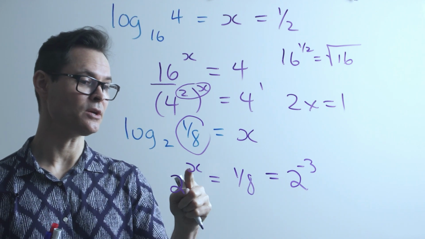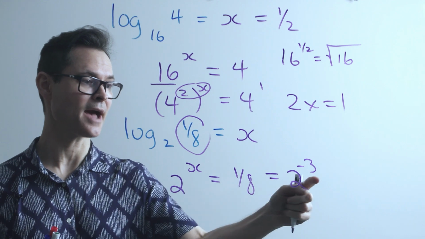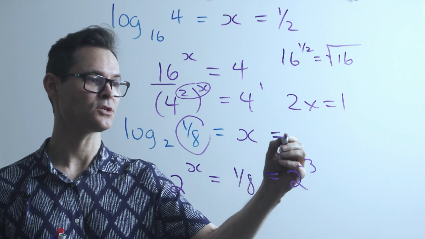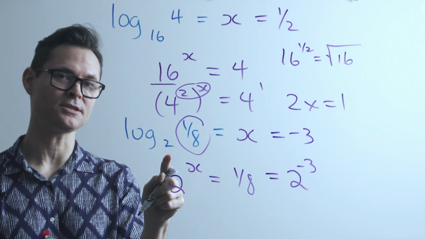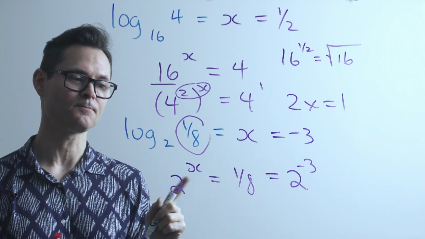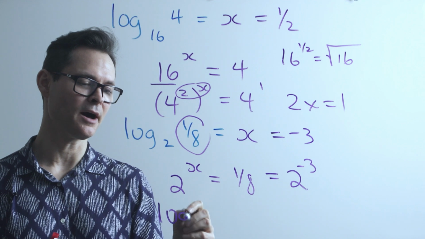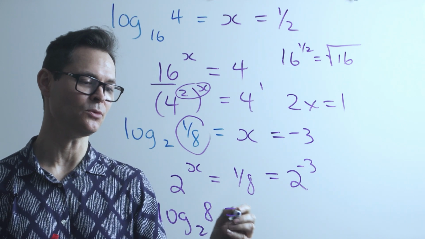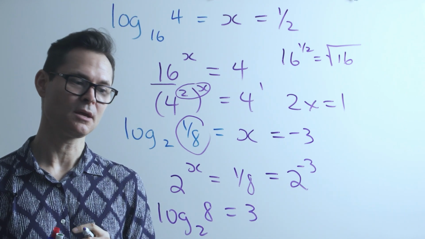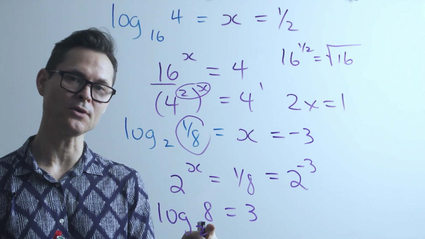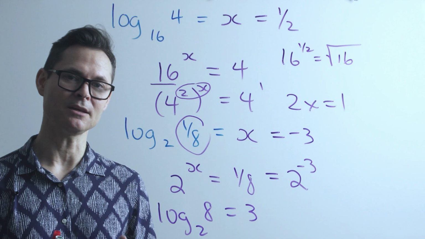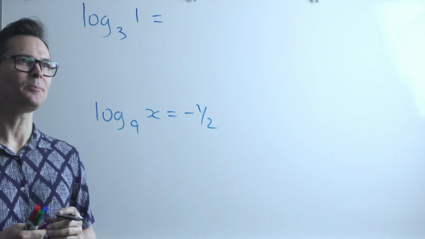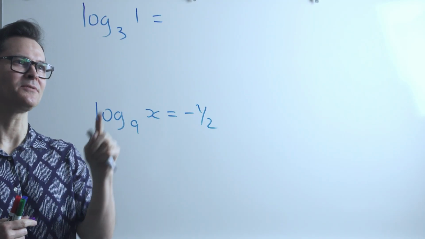And now you can equate the exponents. So x has to be equal to negative 3. The log of 1 over 8 base 2 is negative 3. Think about that. The log of 8 base 2 would be positive 3. But if the argument is 1 over 8, if you take that number downstairs, then you change it to a negative. All right, let's look at a couple more examples here to close the video.